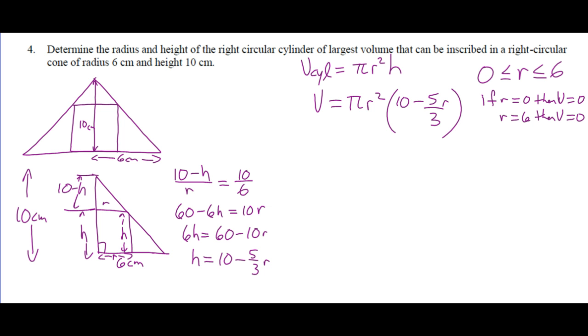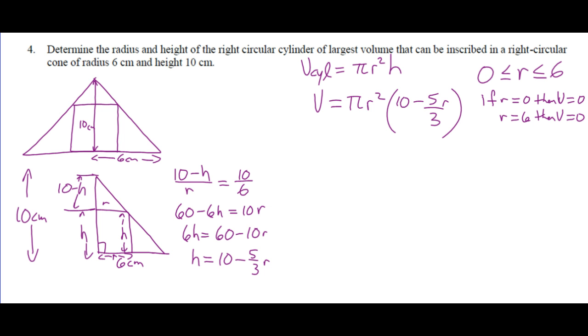When you're doing a max-min problem, I mean, 78.2% or some number, all statistics are made up on the spot, some certain percentage of max-min problems, and it's fairly high, the answer is in between. But then you've got the odd one, which if you're not looking at the extremes, it will come back and bite you because it really is a max or min at the extreme. So you need to examine them, and this is the examination. If it's 0, you can't do it. If it's 6, you can't do it. So what we find is what we want.